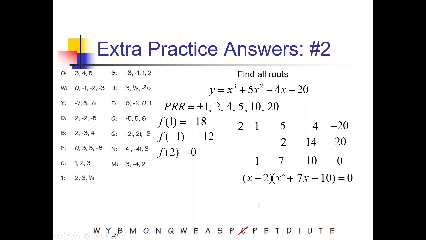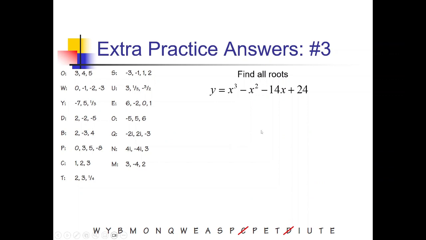Can bring down that x minus 2, and now for this one, I need factors of 10 that add up to 7. 1 and 10 doesn't work, but 2 and 5 does, both positive. So x plus 2, x plus 5. Zeroing each of these out, I end up with x equals +2, -2, and -5. And I see all that with choice D right here, so let me cross off the first D I see, and that's just one of those right here.